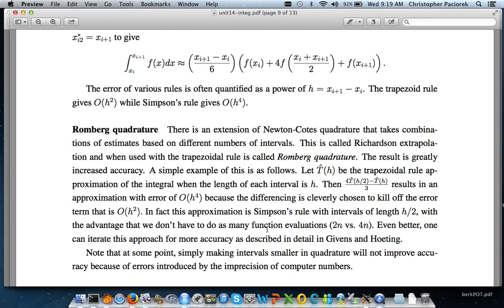Whereas if you actually did Simpson's rule with h over 2 as the interval length, you'd have to do 4n function evaluations. And if you're interested in this, the Givens and Poole book actually shows how you can iterate this and get even higher order approximations by doing strategies like that.